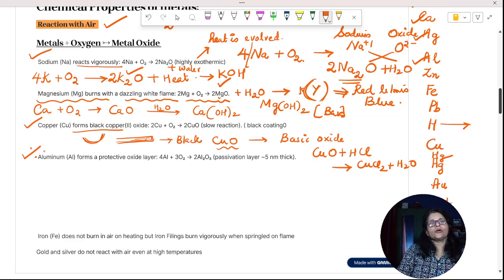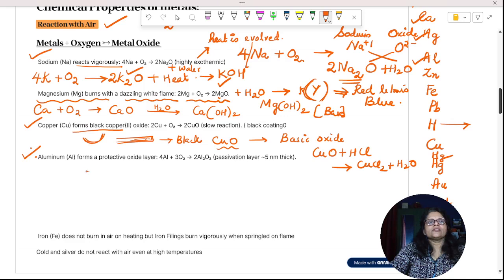Now, there is another thing about aluminium. What do you know about aluminium? Aluminium, if left, does not have to be heated. In a slow process, aluminium can form an outer layer of aluminium oxide. It just forms a layer.